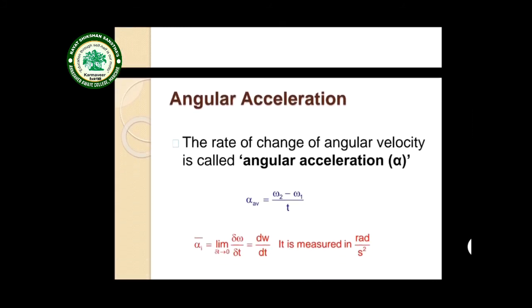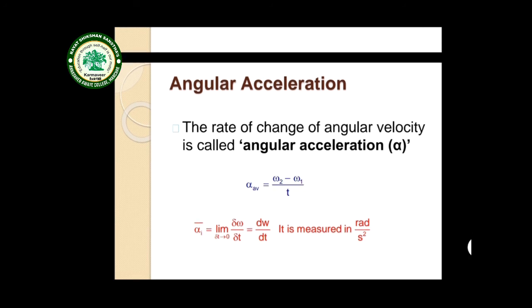After that, we are moving towards angular acceleration. It is the rate of change of angular velocity with time of an object in motion. Acceleration is the change in velocity of a moving object with respect to time. If the object moves in a circular direction, then its velocity is called angular velocity.